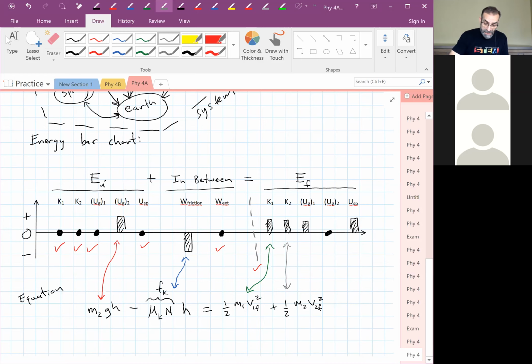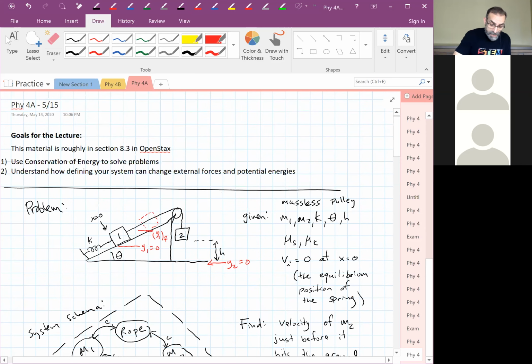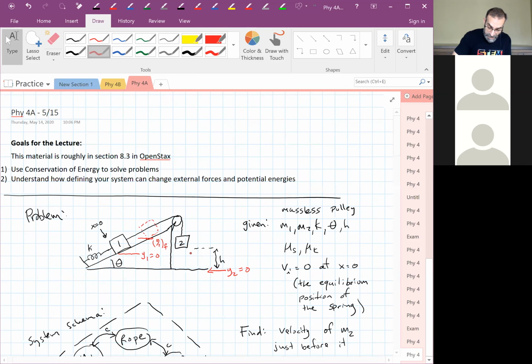Oh, H. Why is it H? So M2 drops by a distance H. So that means that this distance is H. So we are looking at the distance that the friction force acts on block 1, which is the distance along the incline. I think you're getting ahead of me. You're thinking about the height. We'll get to that in just a second.